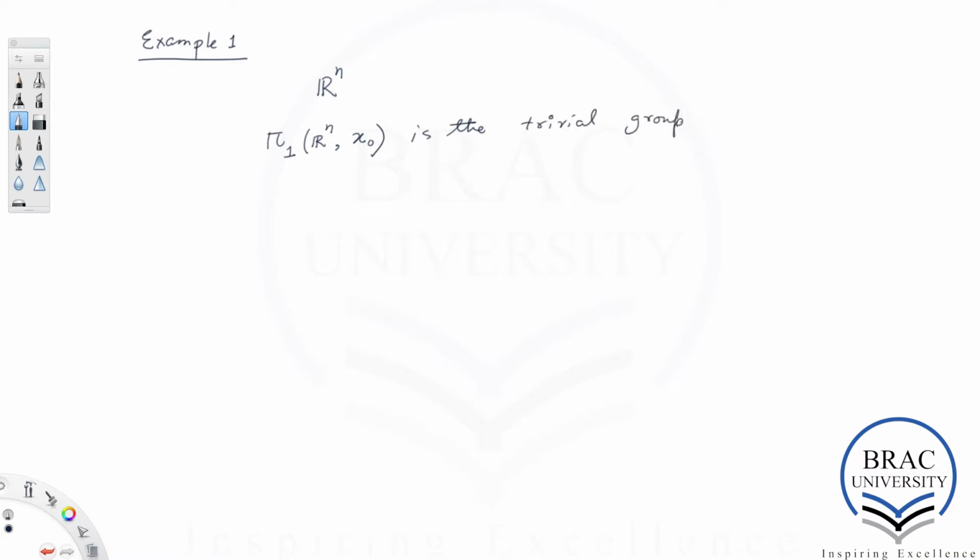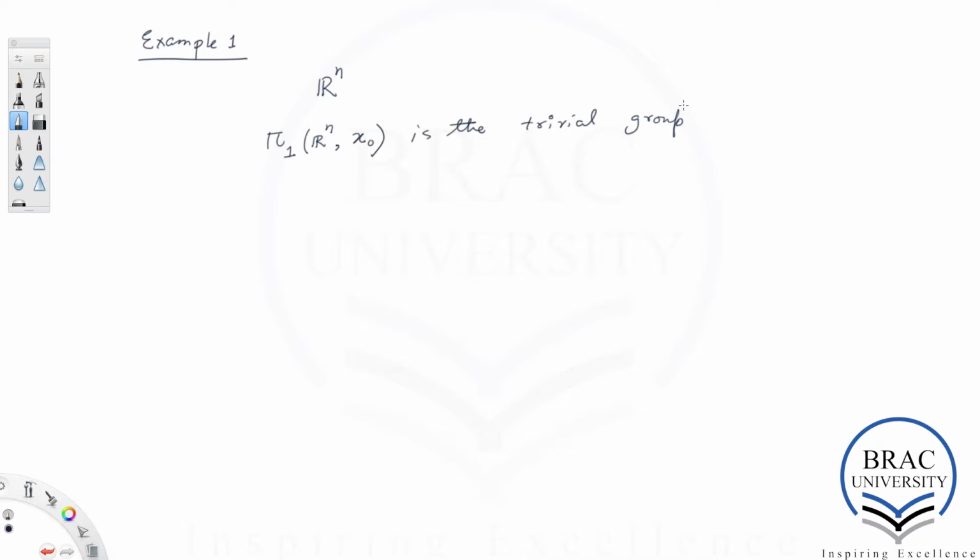The notion of trivial group means that there is only one element in the group, which is the identity of the group. So it trivially satisfies all the axioms, all the properties of a group.